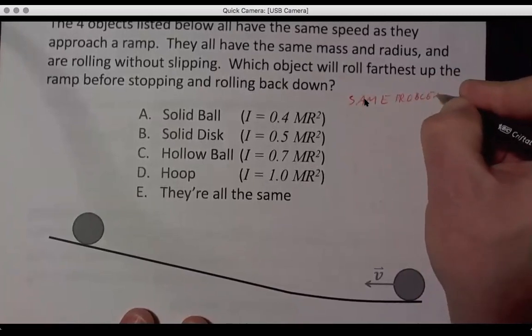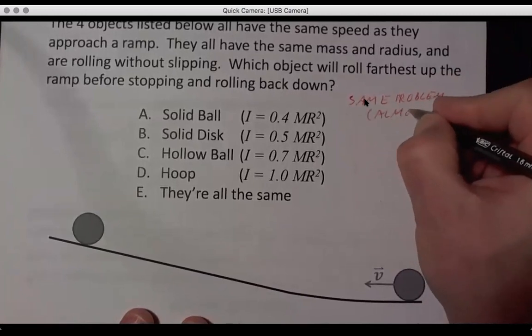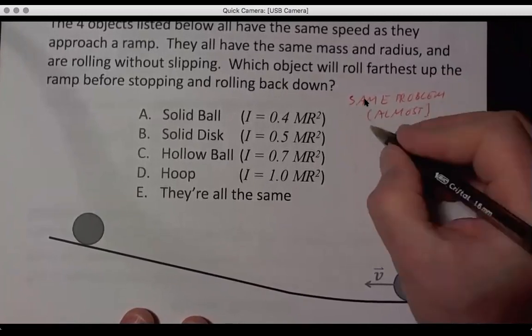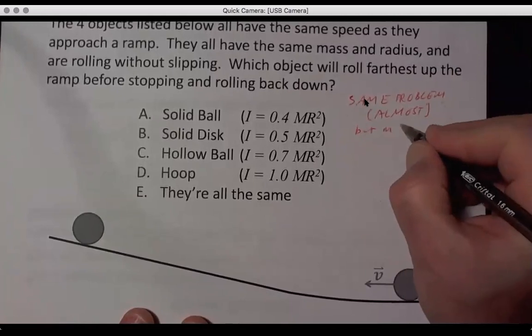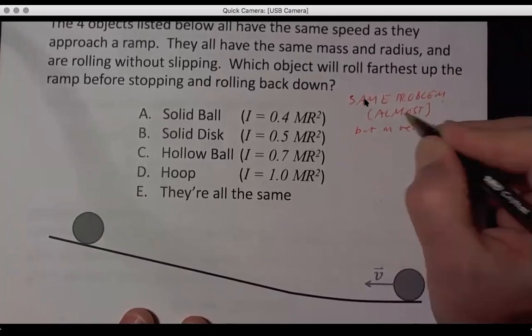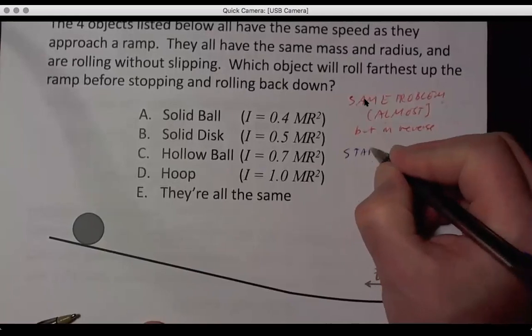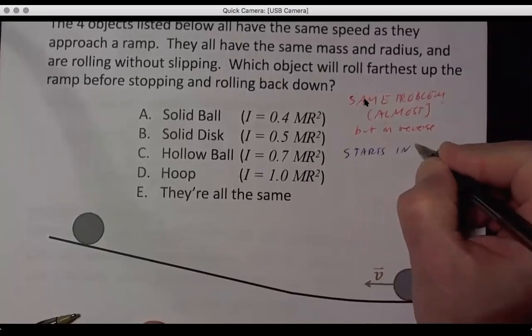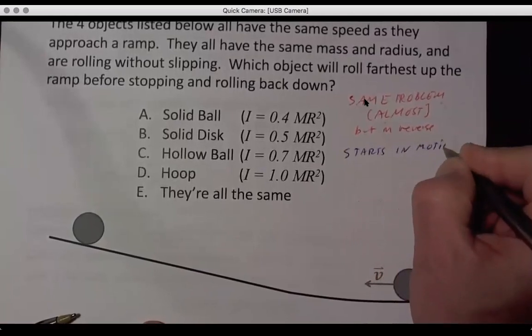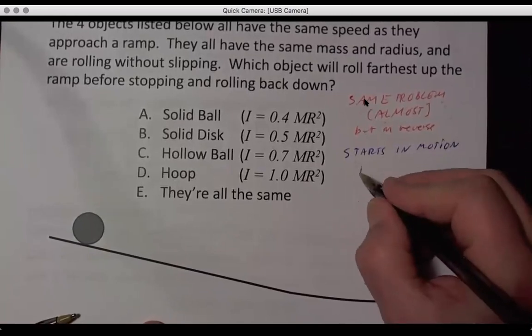Same problem, let's say almost, but in reverse. And what does that mean? Okay, it starts with motion, and we're trying to stop it.